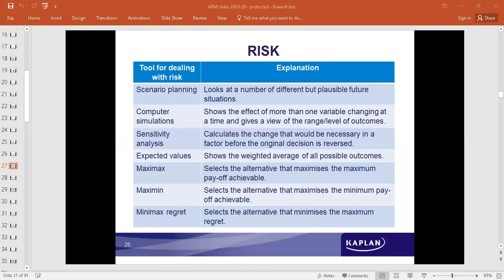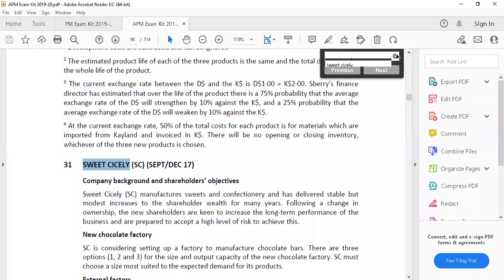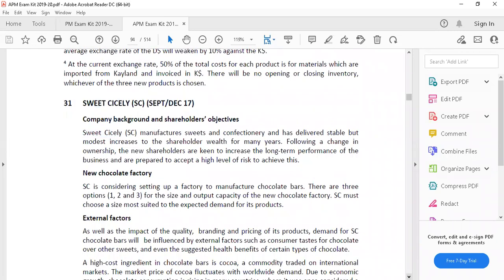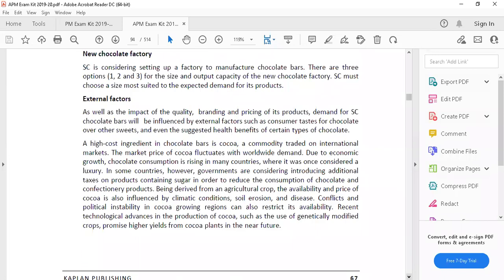We read through that. There's a case on Sweet Cicely.